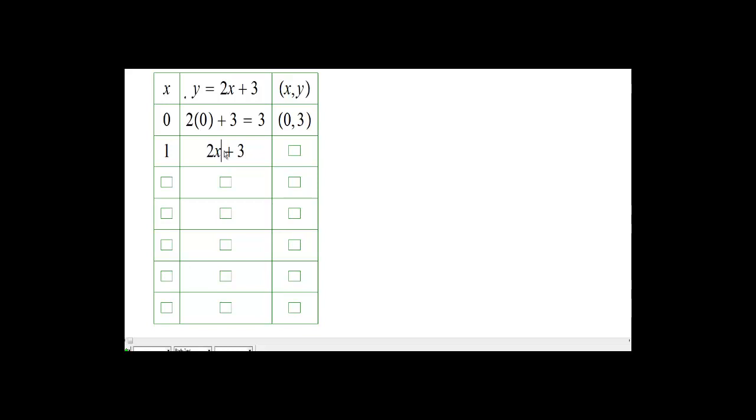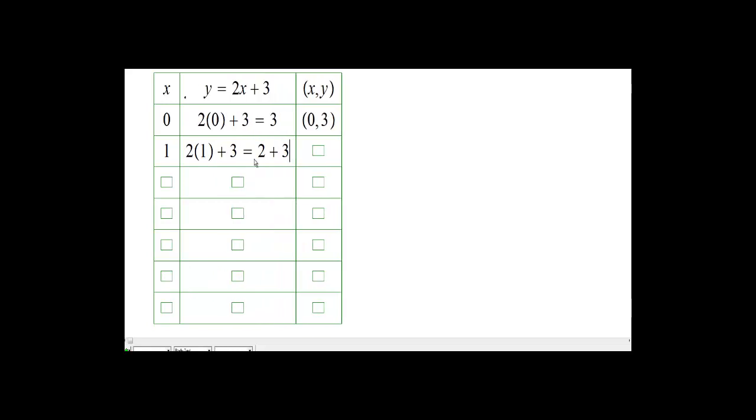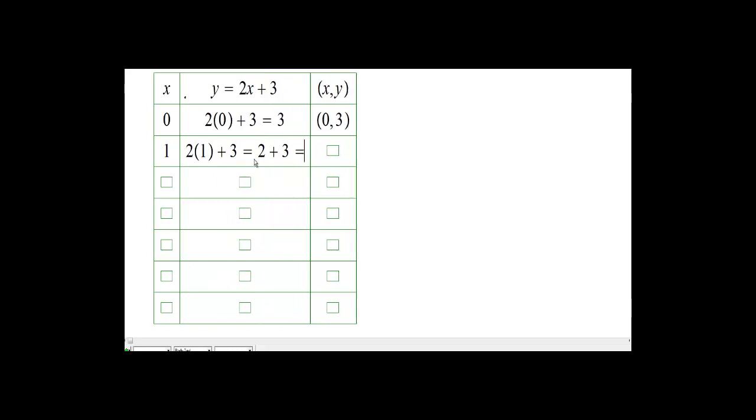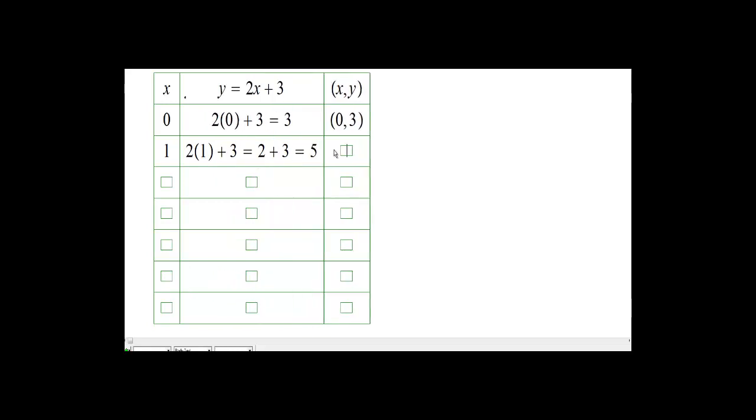We do the same thing by taking x equals 1. So this is going to give us what? 2 plus 3 equals 5 as the y coordinate of this point with x coordinate 1, or in short 1, 5 are the coordinates of a point on this line.